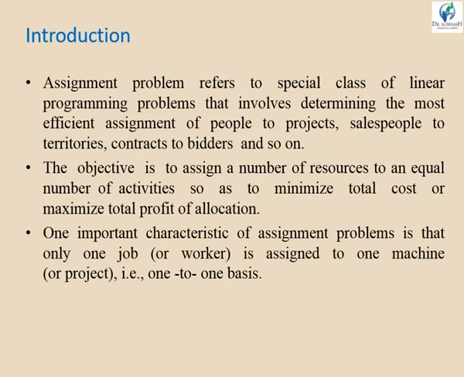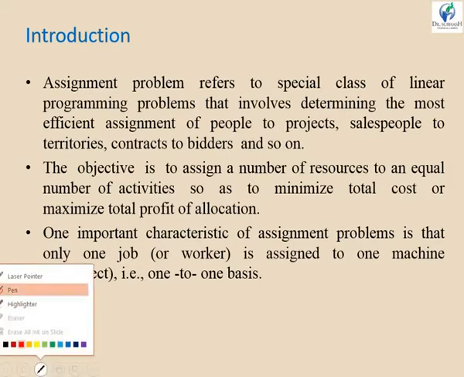Next, one of the most important characteristics of this assignment problem is that it's a one-on-one basis. Suppose there are 5 jobs and there are 5 workers, then the characteristics of this problem say that only one person can do the job at one time. Only one job can be assigned to one particular person. So it's a one-on-one basis problem.